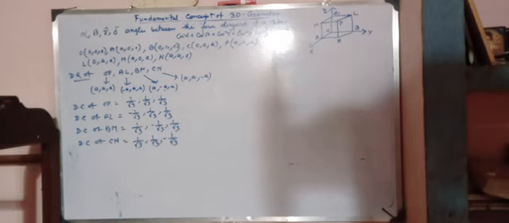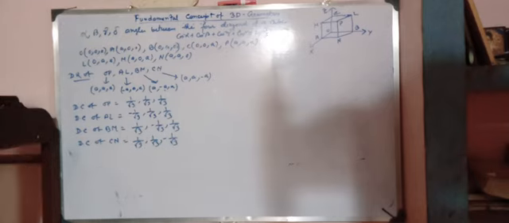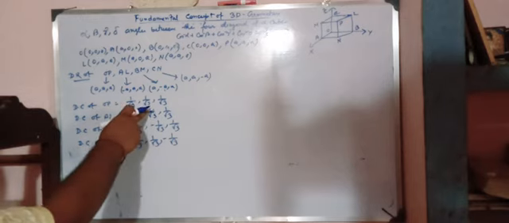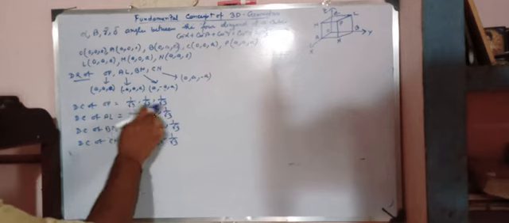Understood that? You can see the calculation from my previous math, how the direction cosines come from the direction ratios given here. You can do the calculation on your own and get this result.